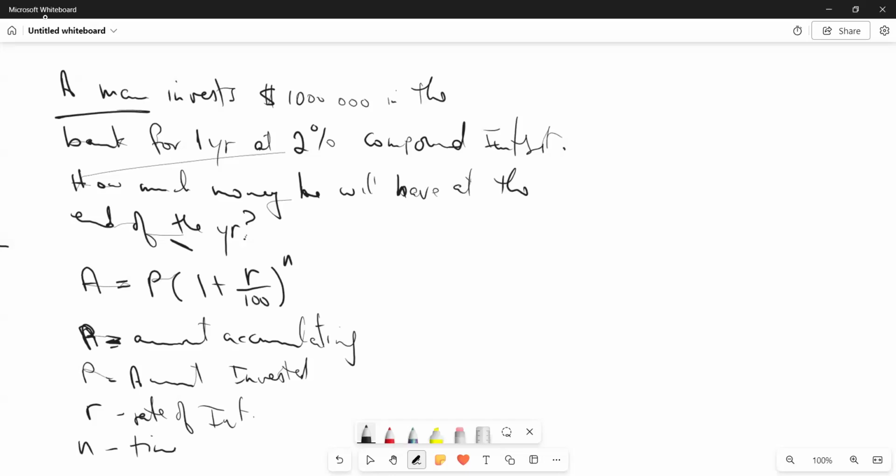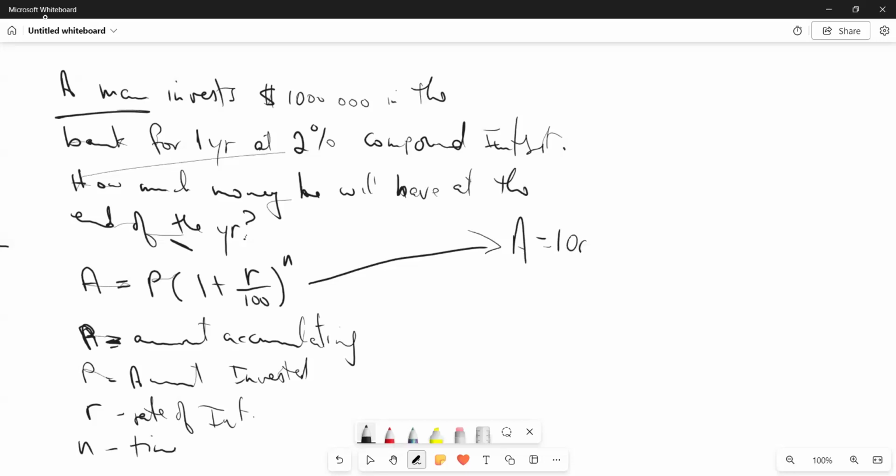There are a lot of formulas where the time is not in years, but we're keeping it simple. So all we need to do now is use this formula and calculate A, how much accumulates after a year.